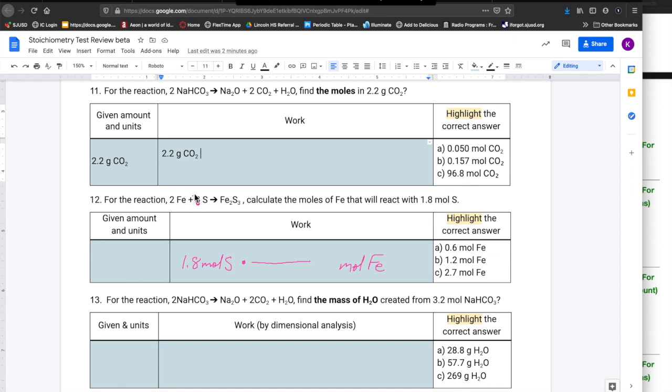So we're going to take this 3, and it's going to go here, moles of S, and then we'll take this 2, this will be 2 moles of Fe. All right, so 1.8 divided by 0.6 times 0.2 is 1.2.